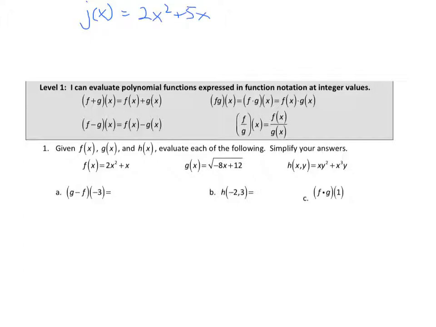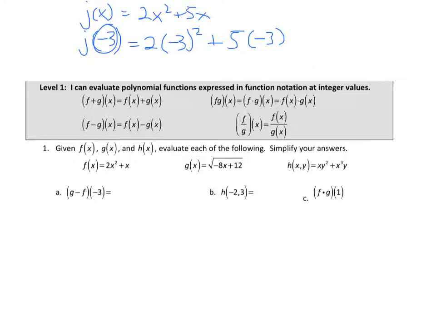And we might have had to find something like j of -3. And what we do is -3 is our x that we plug in to all the x's in the function. So I would do 2 times -3 squared plus 5 times -3. So we're just plugging that number inside into the function and then evaluating.